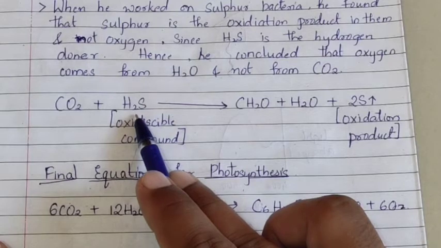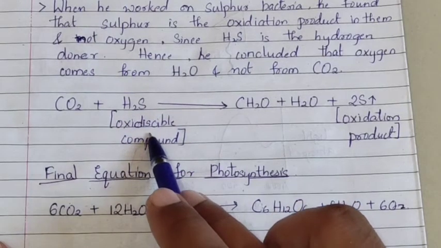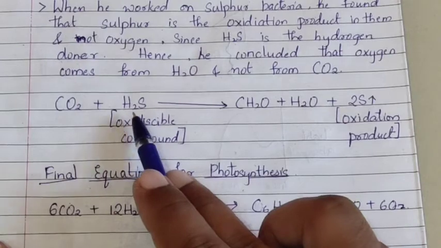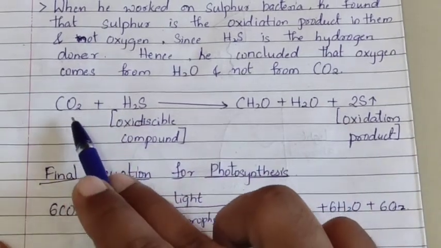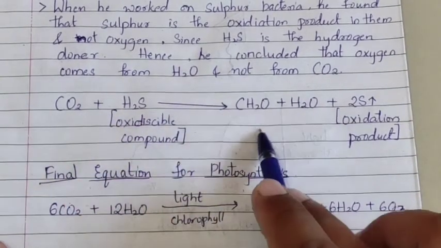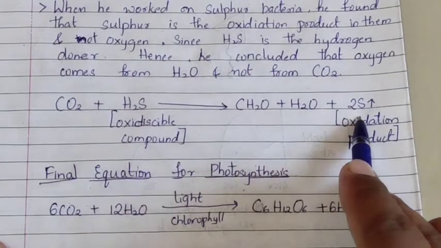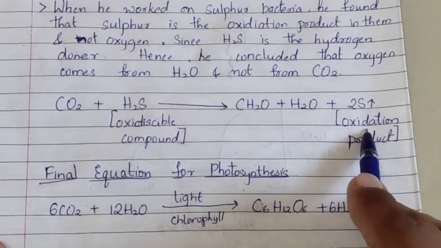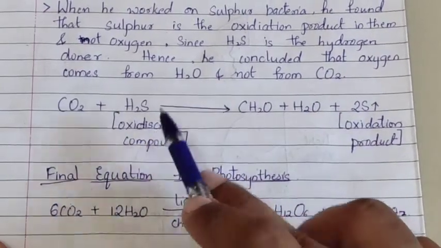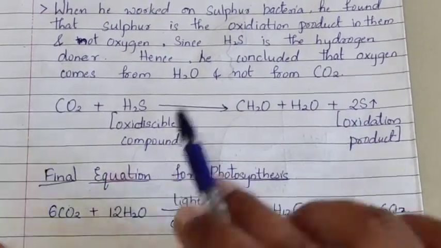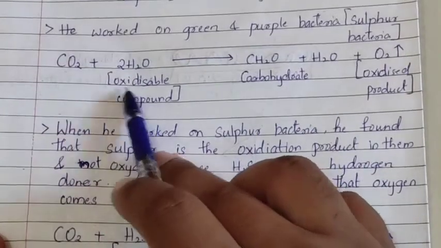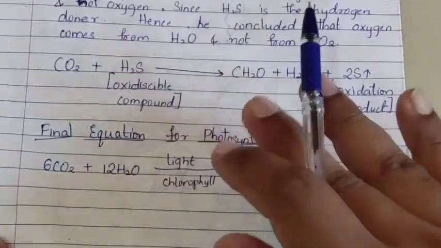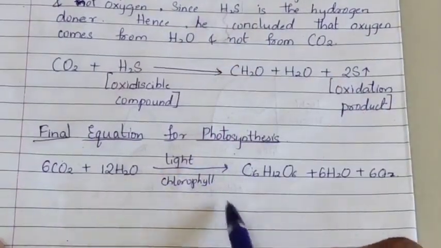Hydrogen sulfide acts as the oxidizable compound, so hydrogen from it reduces the carbon dioxide to produce a carbohydrate, and sulfur is released as an oxidation product. This concludes that the oxygen is coming from water in the previous reaction, not from the carbon dioxide, right?